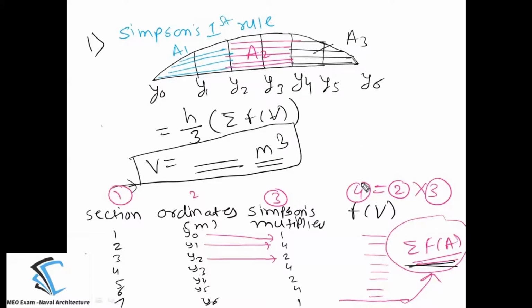The rest of the procedure will be the same. The mathematics will remain the same. Only the physics is going to change. So like this you can use Simpson's first rule, if you have more than 3 ordinates and the spacing between each consecutive ordinate is the same, and that is h. Okay, so this is Simpson's first rule.